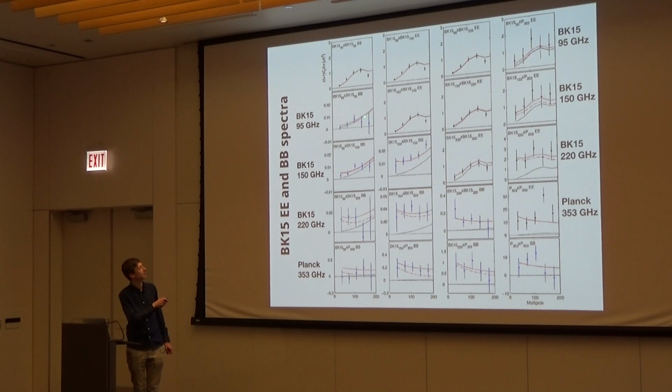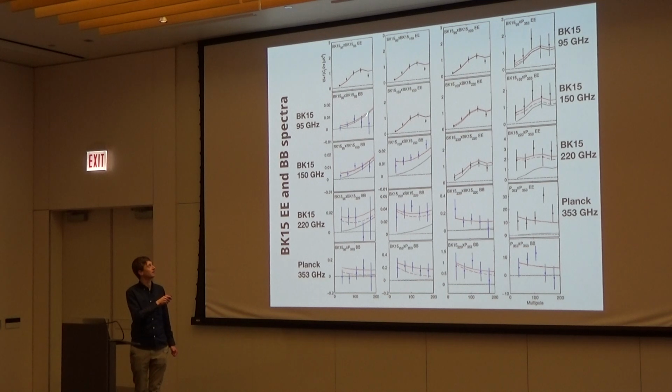So if we look at, say, 95 gigahertz, where the foregrounds are the least significant, and we compare the lambda CDM E-modes, which are order 1 microkelvin squared, here for BB, if we look at the black line, this is the lambda CDM lensing B-modes, and you're down by 2 orders of magnitude in power from E-modes to B-modes.